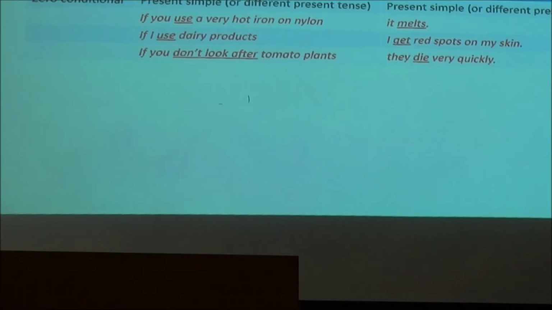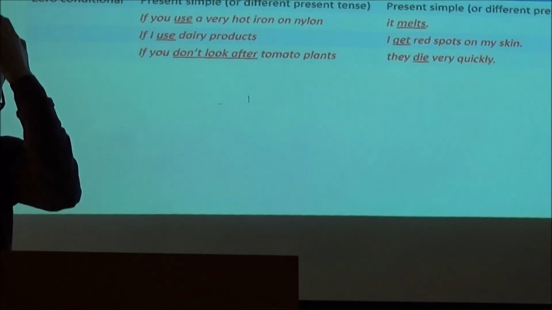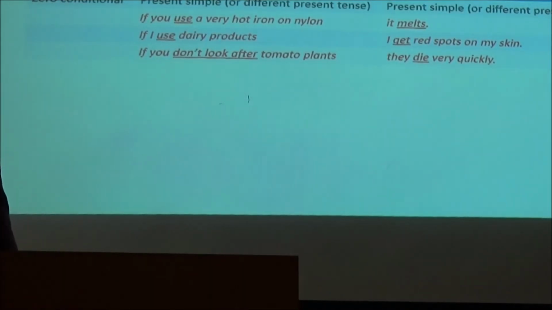If you don't look after tomato plants, don't look is in the present simple, and die is also in the present simple. You should remember that the present simple by itself describes facts, things which are generally true. So it's not surprising that this kind of conditional describes the very same thing.